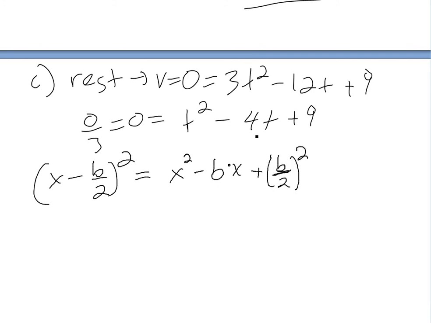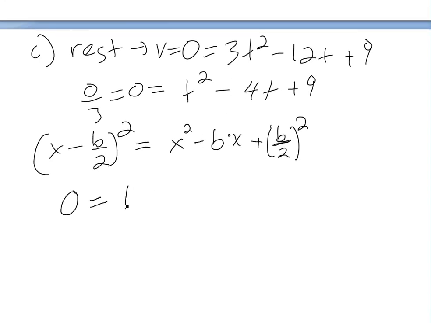So in this case, all we do is make it look like that, so we have 0 equals t squared minus 4t. In this case 4 is the b, and b divided by 2 is 4 divided by 2, which is 2.